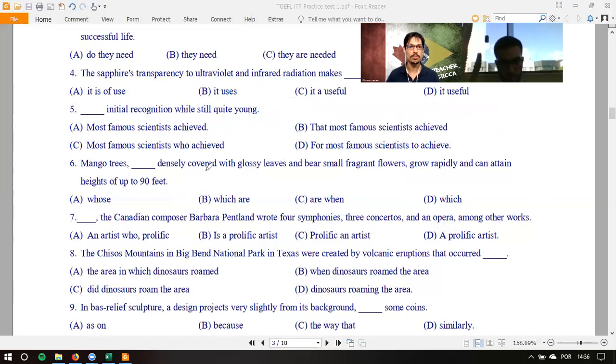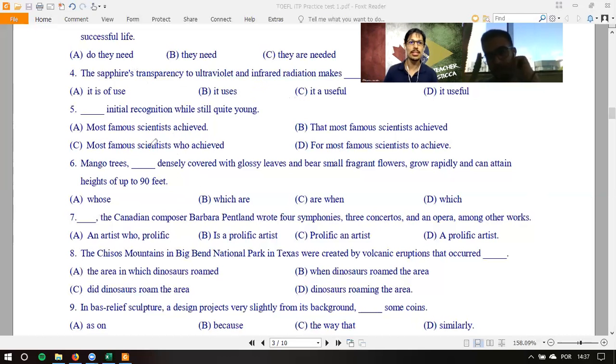Now look at letter C. Most famous scientists who achieved recognition while still quite young. If we use the relative clause, we still need some completion. That's why it's not letter C. For example, most famous scientists who achieved initial recognition while still quite young, when they grew old, they had mental problems, so we are completing the idea.